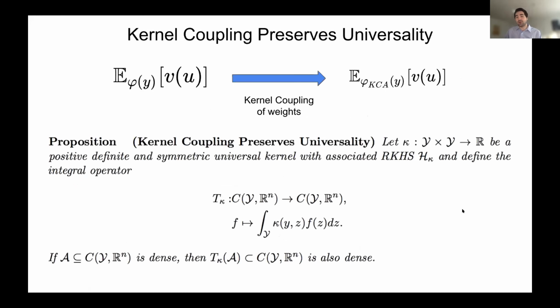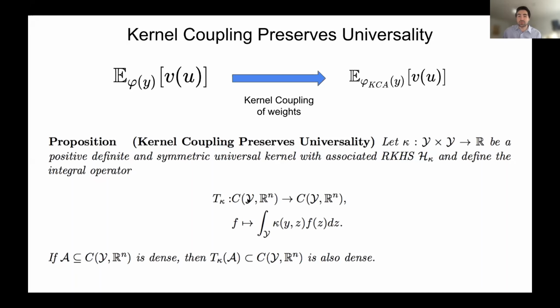And it turns out one answer to this question is by drawing a connection to the theory of reproducing kernel Hilbert spaces. The short answer is that if this kernel is positive definite, symmetric, and is associated with a universal RKHS, then we're good.